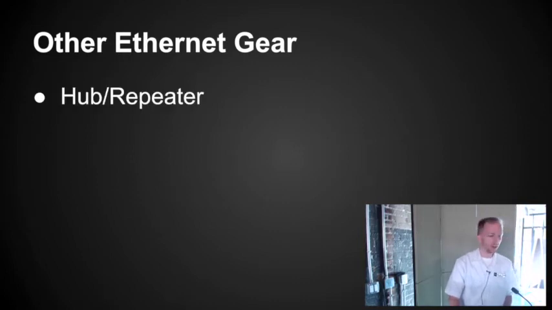Okay, other Ethernet gear. A hub, or repeater. So anybody in here remember hubs? There was a special kind of cable you had to use, the crossover cable. That's still sometimes used out there.